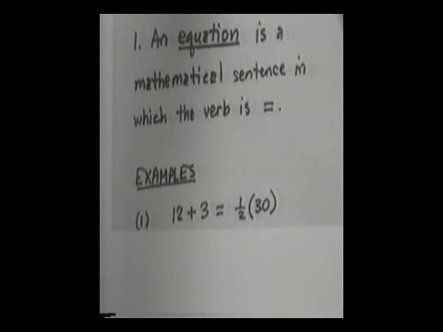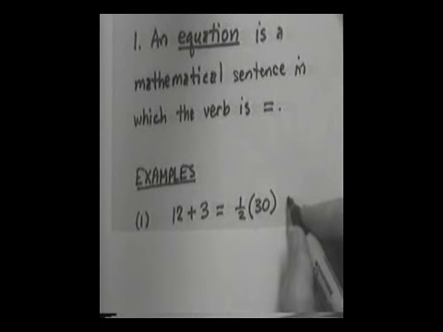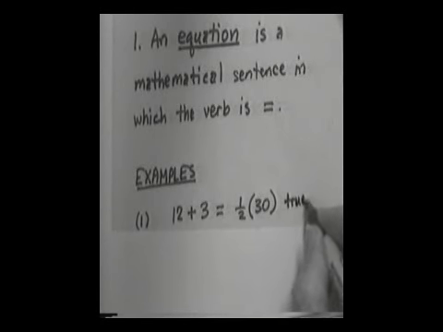Notice that 12 plus 3 is 15. 1/2 times 30 is 15. And so this equation is saying that 15 equals 15. Well, of course, 15 is equal to 15, and so this equation is true. An equation may be a sentence that is true.